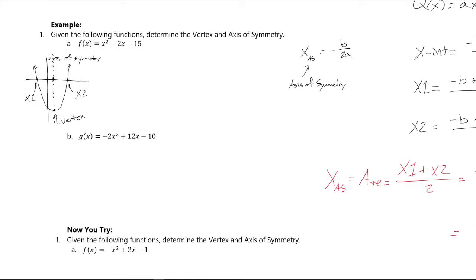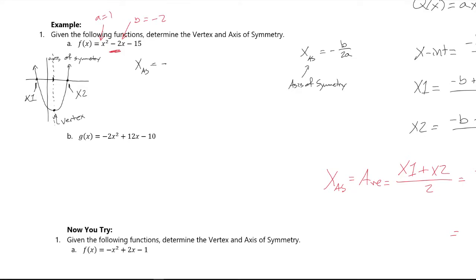So for problem 1, we can say that the x value for the axis of symmetry is going to equal negative, and then the b value is -2. We want to keep in mind that negative there. And the a value is implied to be a 1.